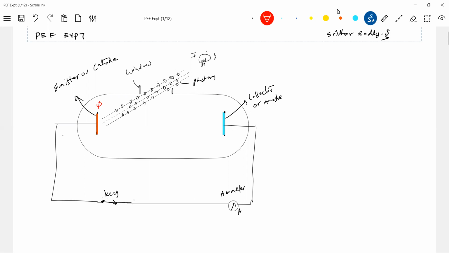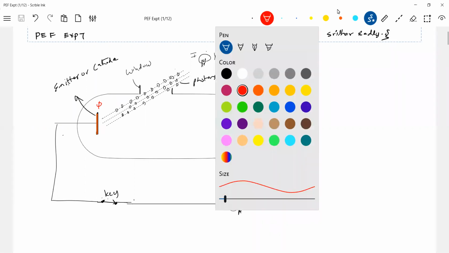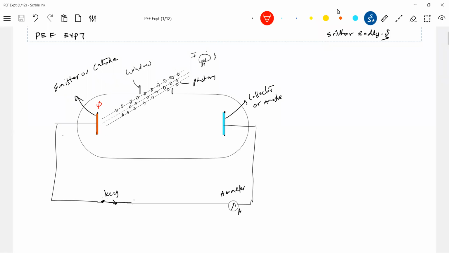So what will happen here now? What actually happens here? We'll get three types of photoelectrons ejected. Those electrons which are near the surface will interact with a photon. They'll emerge with a maximum kinetic energy. The three electrons I'll show by different colors.